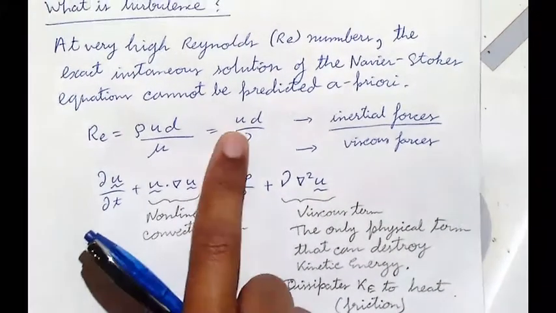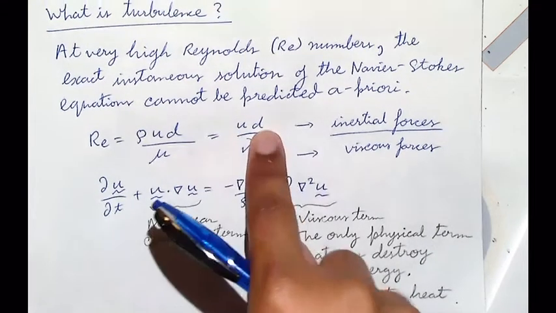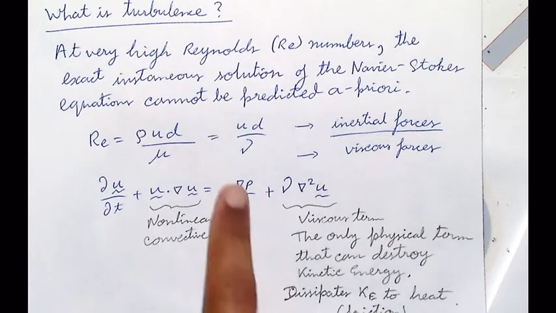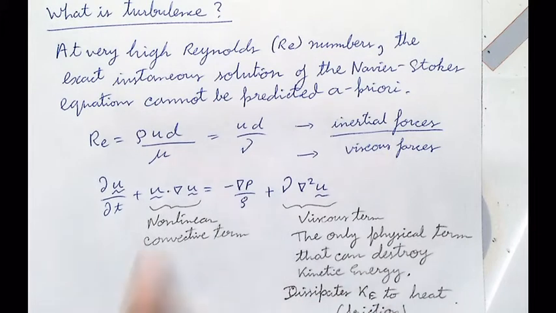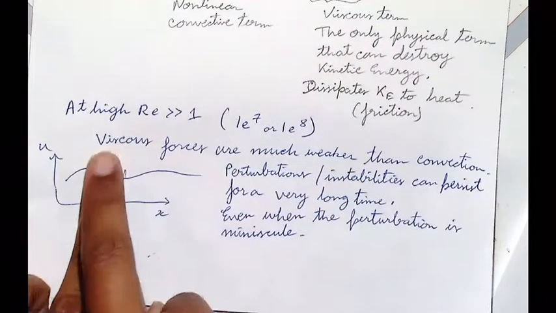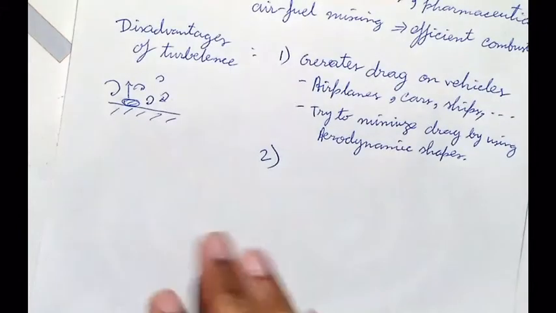For storms and hurricanes, what is the typical speed? Let's say 10 meters per second, which is very fast, right? What is the D, the typical length scale? A few kilometers? Let's say 1 kilometer, so 10 to the 3 meters. And mu for air is 1e-5. So already our Reynolds number is on the order of 1e8, 1e9. So you can imagine how negligible the viscous forces are. And again, at very high Reynolds numbers, it's very difficult to predict what's going to happen.